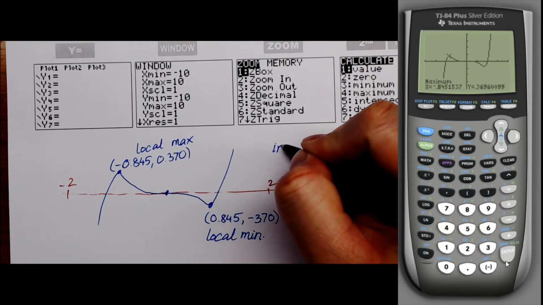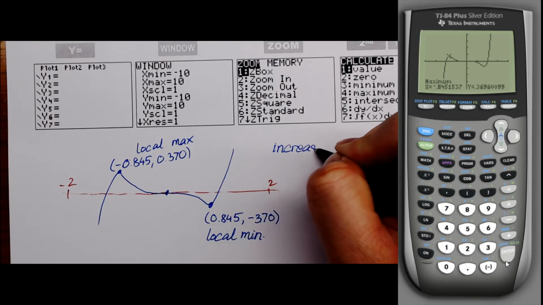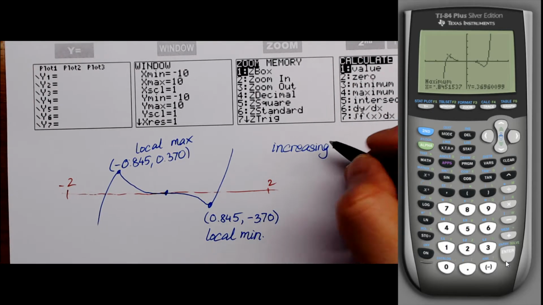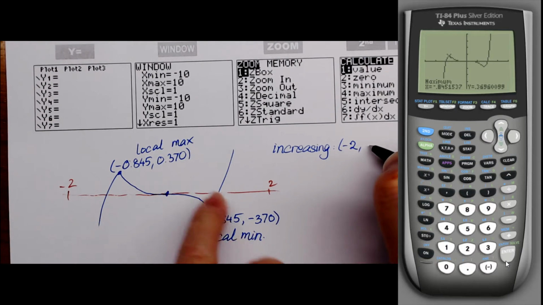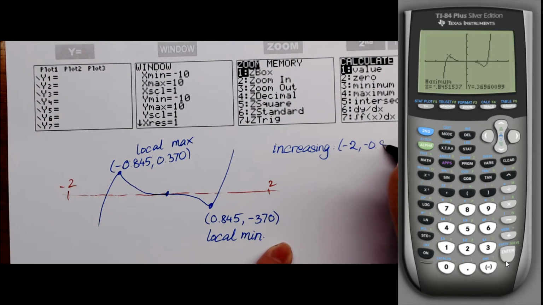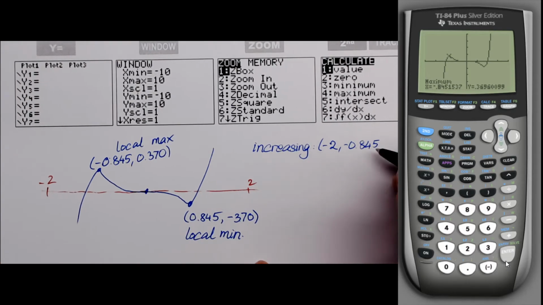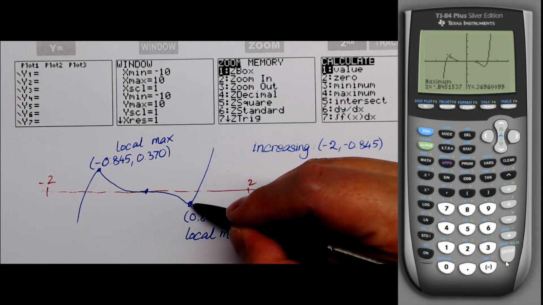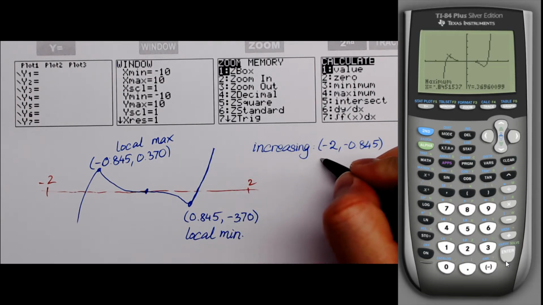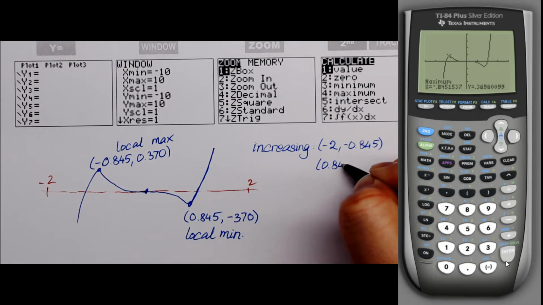So we write increasing from negative 2 to that point. Notice that where we write increasing, it is only the interval of x, and it's always open, so we use parentheses. And also increasing here to 2.